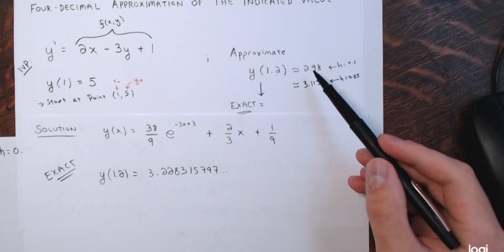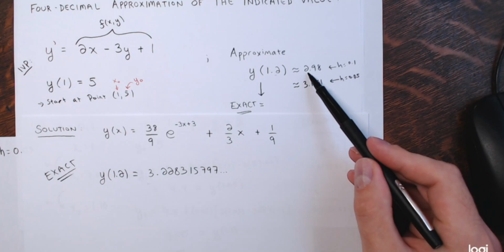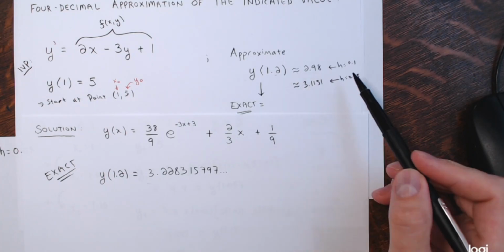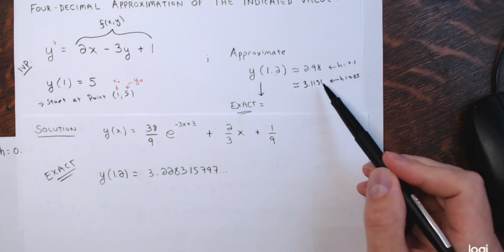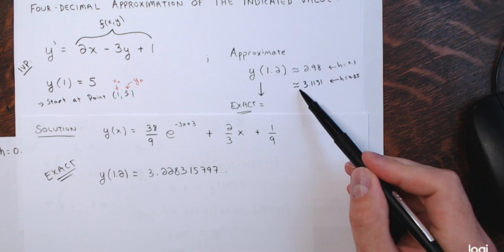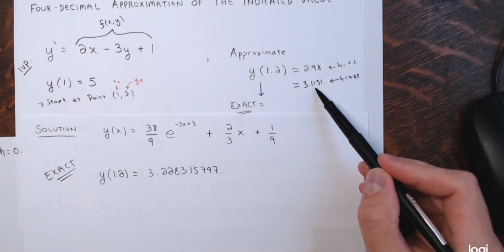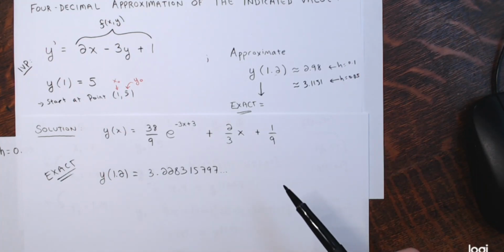And it was kind of doing that. When h was 1/10th, our approximate value using Euler's method was 2.98. When h was 1/20th, our approximate value for y at 1.2 was 3.11. It's getting closer to this exact value of 3.22.